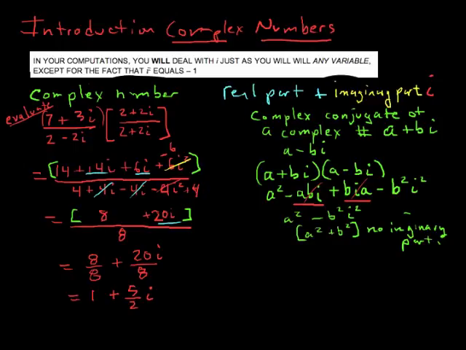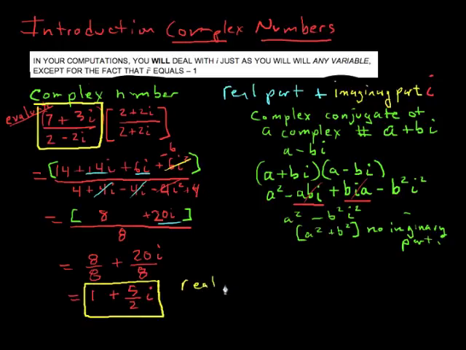So look at that. Look how much simpler that is. This right here came from this. It was a lot of work, but it was worth it. This is a lot easier, and it's now a complex number with a real part equal to 1 and an imaginary part equal to 5/2.